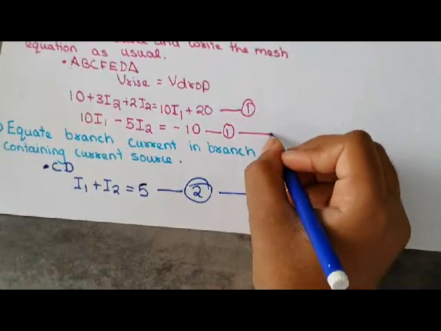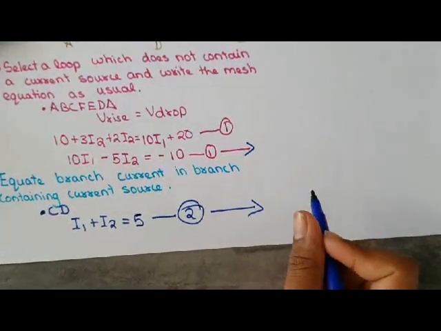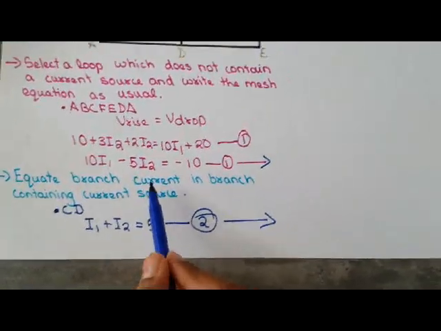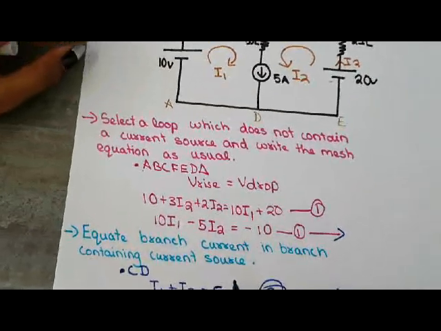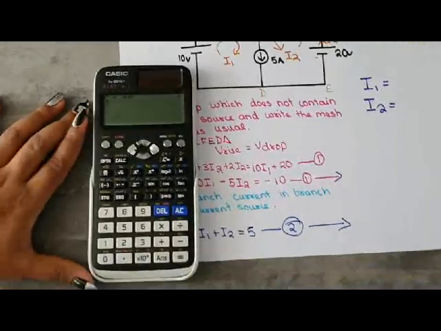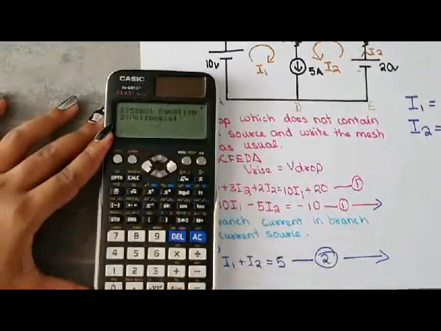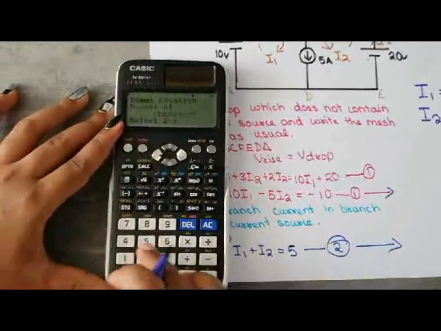So we have equation number 1 and equation number 2, and we need to solve them to get the values of I1 and I2. Let's do the equations in my calculator, 2 unknowns.